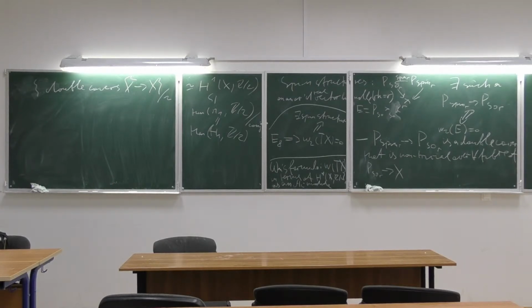Okay, so let's continue. We're trying to understand when an oriented vector bundle admits a spin structure, and also if it does, then how many?